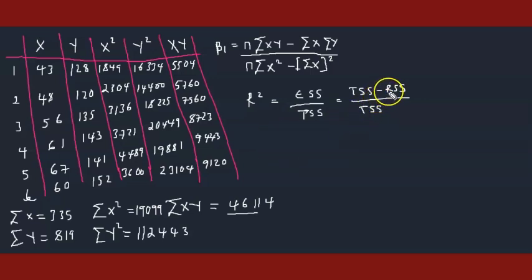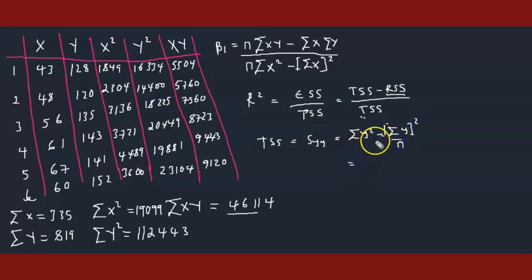You find first of all RSS as well as GSS. So let's begin by finding GSS. This is given by summation of y squared minus the sum of y, squared, over n, like that.